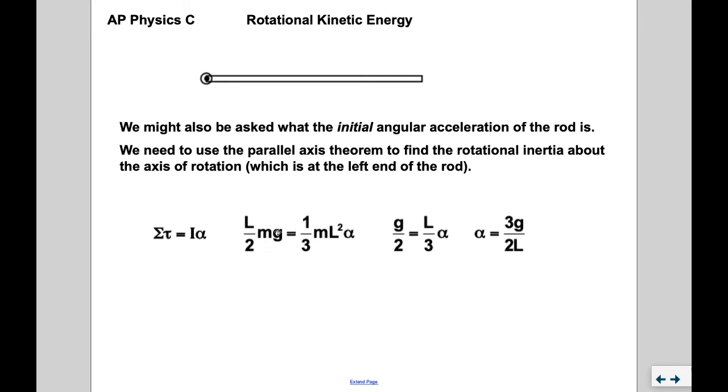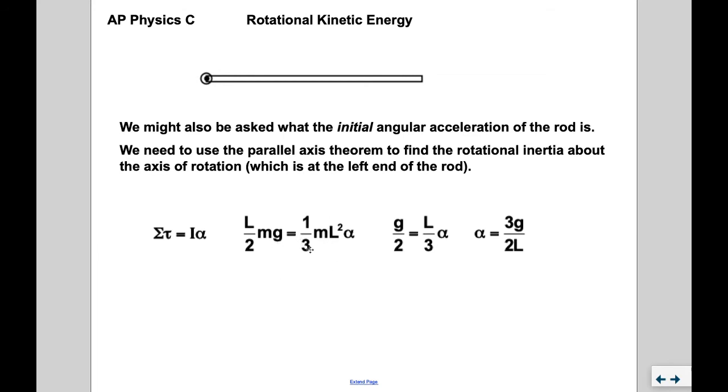The mg is in the middle of the rod, pointing straight down. We can ignore the sine theta term. In this case, L over 2 is the distance from the rotation axis to where that weight mg is applied, which, because it's a uniform homogeneous rod, is in the middle. So there's my torque term, L over 2 times mg. We left out the sine 90.